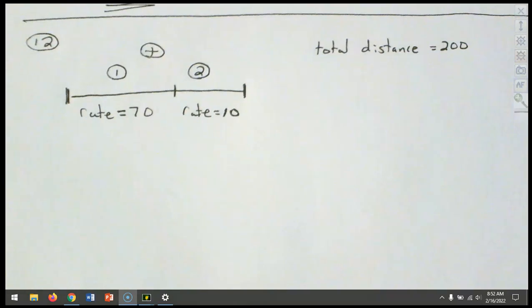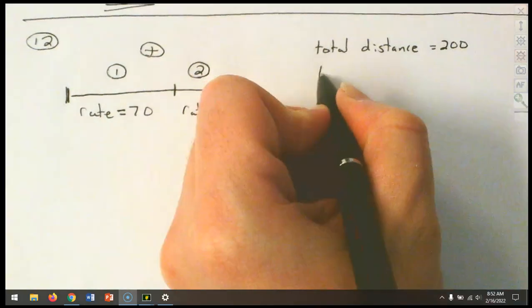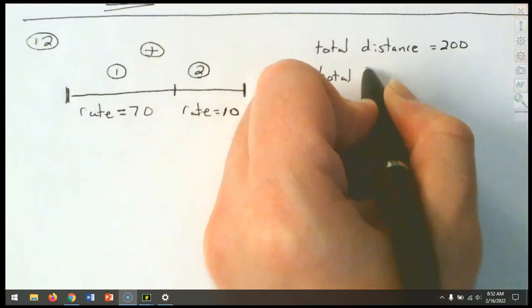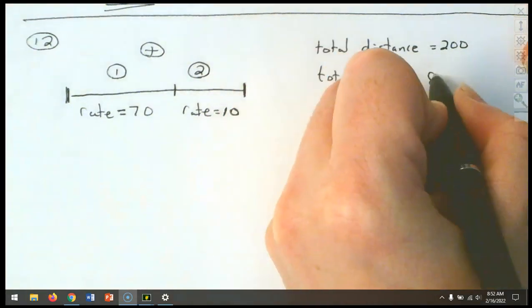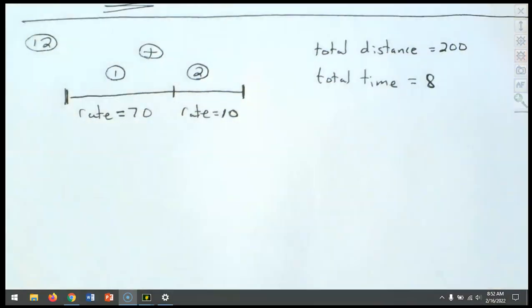What we need to think about here and find is how long we spend in each one. Now, this one's a little bit different because we know our total time is 8. So we know we're on the road for 8 hours. Now, we don't know how it's actually split up, but we do know that we're traveling for 8 hours here.